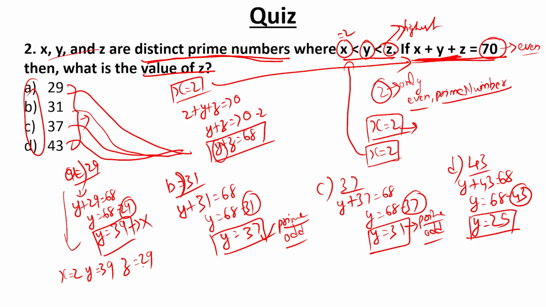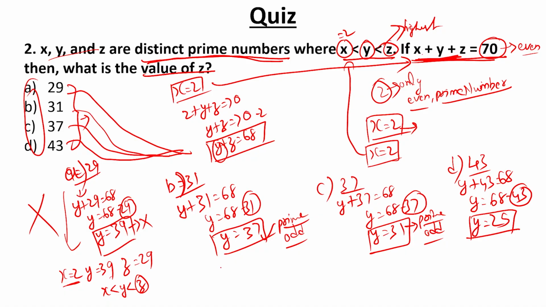How is it possible? You understand, right? We already assumed x is equal to 2, and we derived y is equal to 39 by substituting z as 29. So z cannot be less than y. The equation mentioned above says z is always greater than x and y. Here z is less, so option A can never be our answer.